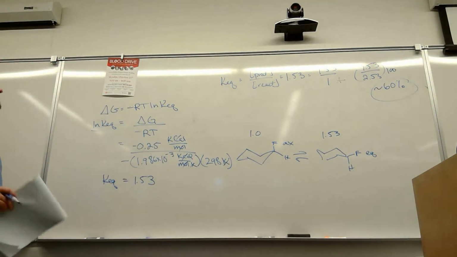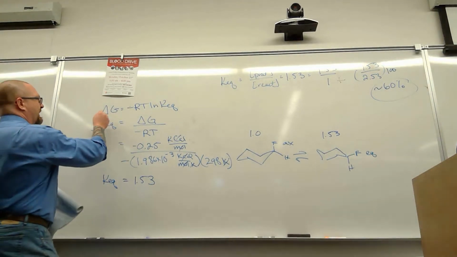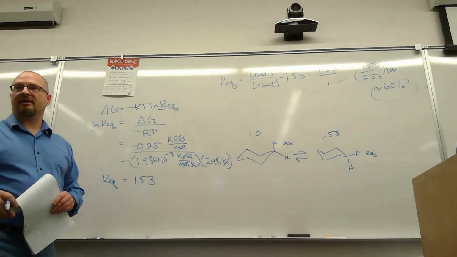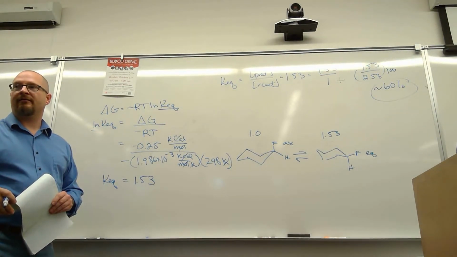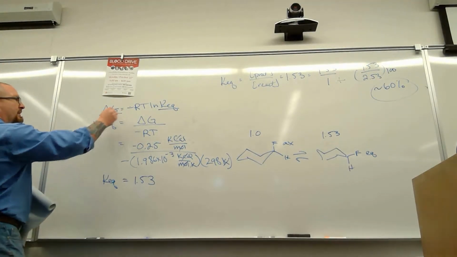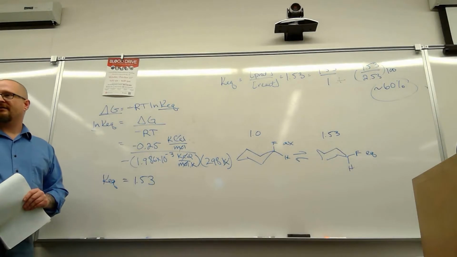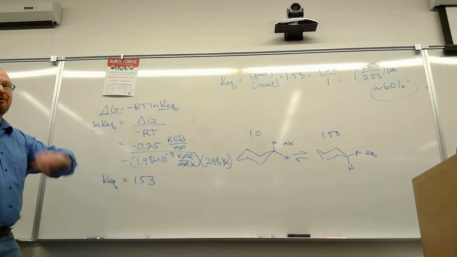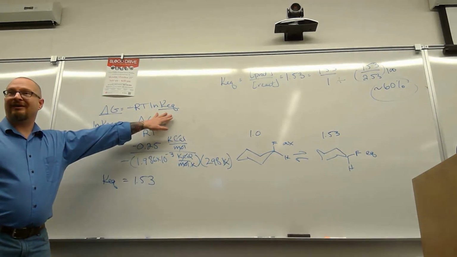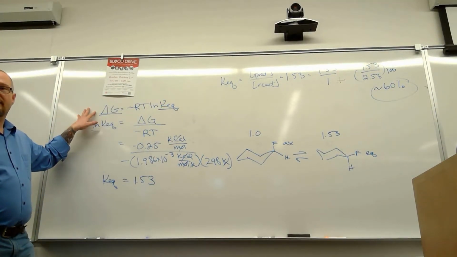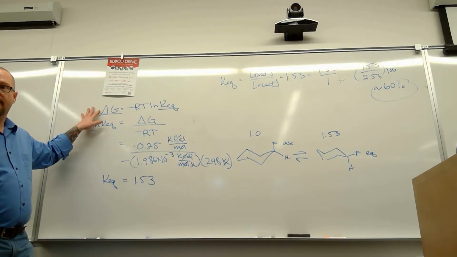Now, why do we go through all this? Hopefully to reinforce that equilibrium is just an expression of products over reactants, and that we can get to that expression by looking at Gibbs free energy, or we can determine Gibbs free energy by experimentally looking at ratios of reactants and products in equilibrium, and therefore relate it to or find Gibbs free energy.